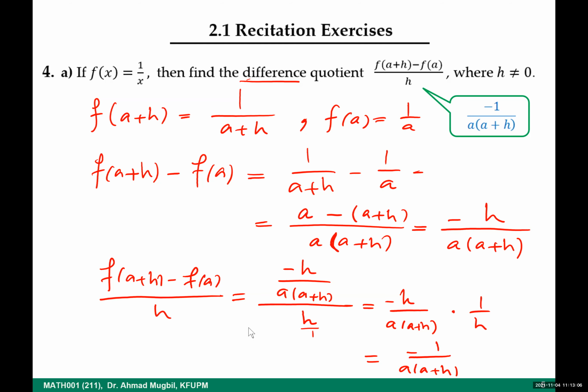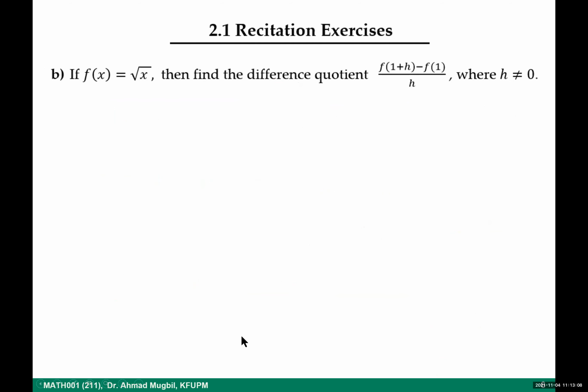Any question? Okay. You can find now easily. Find the difference quotient for this function. It is trivial.